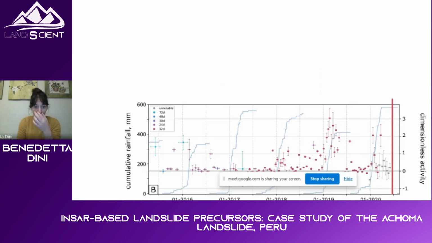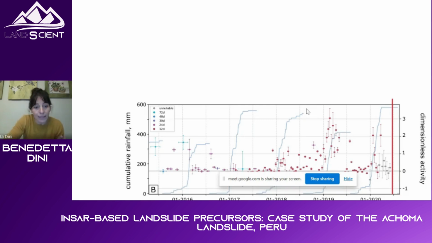Every point on this graph is an interferogram that was available to us. And the color is the difference in length, so the interval between the first and the second acquisition. And we tracked a relative measure, which is in fact a dimensionless quantity.